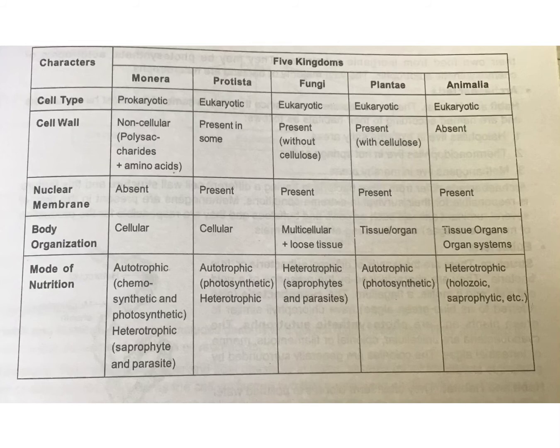Either they may be endoparasite or ectoparasite, but here particularly the fungi are parasites. Plants are exclusively autotrophic, and animals are exclusively heterotrophic. But in the heterotrophic mode of nutrition, different subtypes are present. They may be holozoic, or saprophytic or any other.